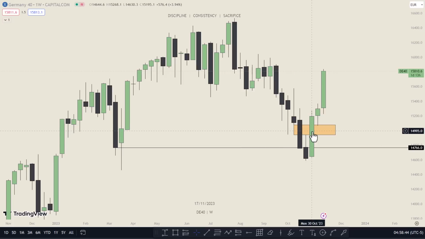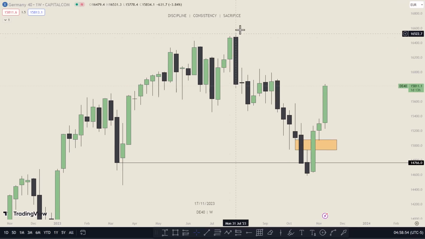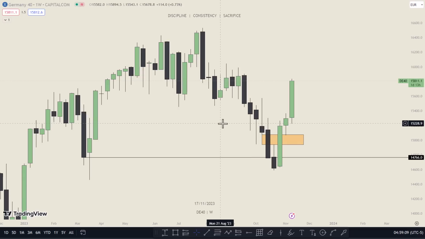And remember guys, price gravitates towards only 2 things. Either external range liquidity, so highs and lows. Above highs there are buy stops, and below lows there are sell stops. And the second thing is imbalances. So price attacks liquidity above all the highs and below all the lows, and balances imbalances.